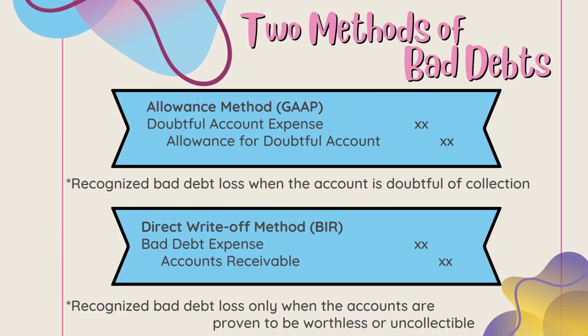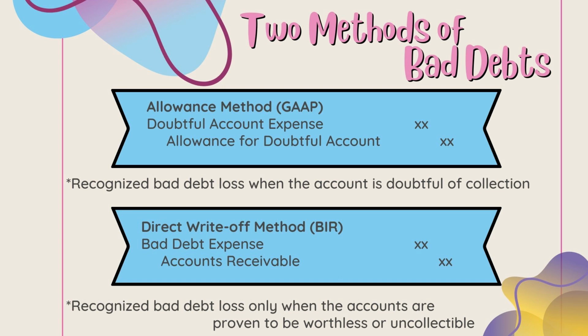So, the first one is the allowance method, which is the GAAP, Generally Accepted Accounting Principles. So, under the allowance method, you debit doubtful accounts, and you have to credit the allowance for doubtful accounts. So it will be recognized as bad debt loss when the account is doubtful of collection.